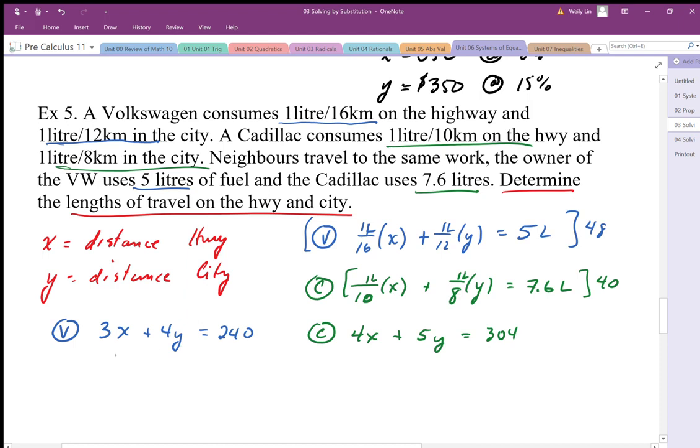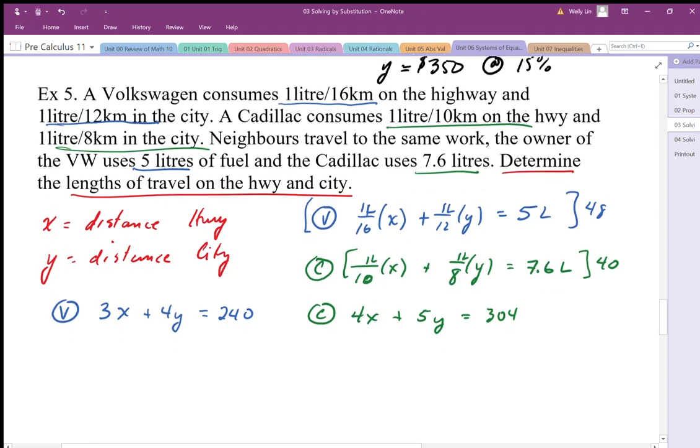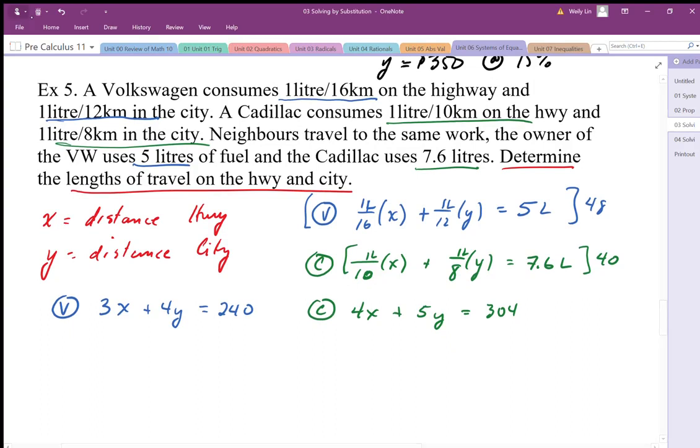These are not the nicest numbers because we're going to get fractions. So I'm going to abandon substitution and use addition-subtraction, because I think that's going to be a little cleaner here. It doesn't really matter which variable I get rid of. I'll match the y coefficients. I'm going to multiply the first by 5 and the second by 4.